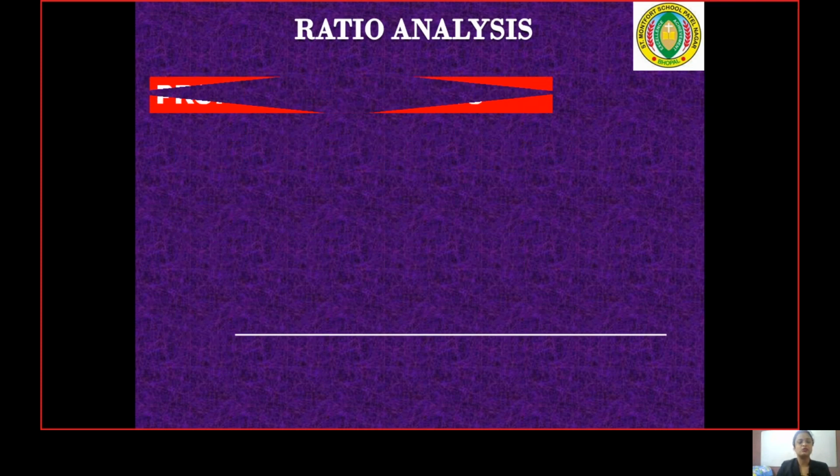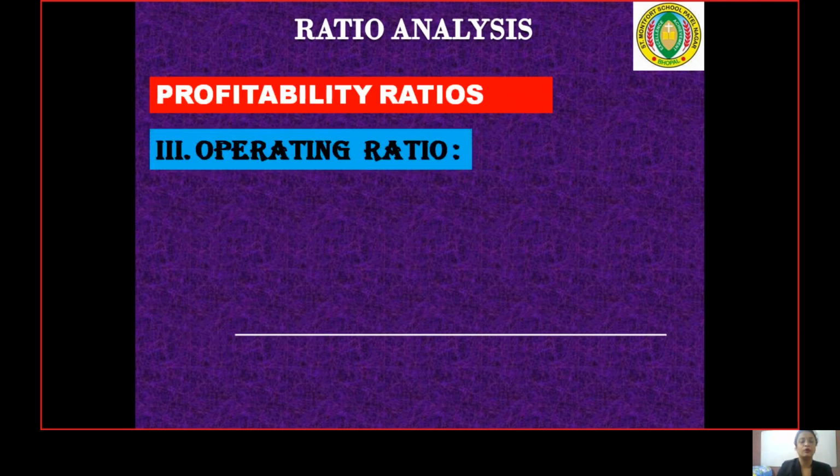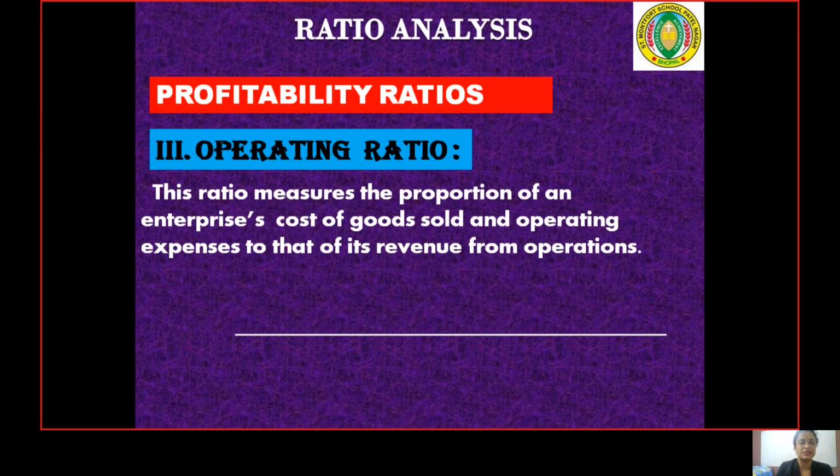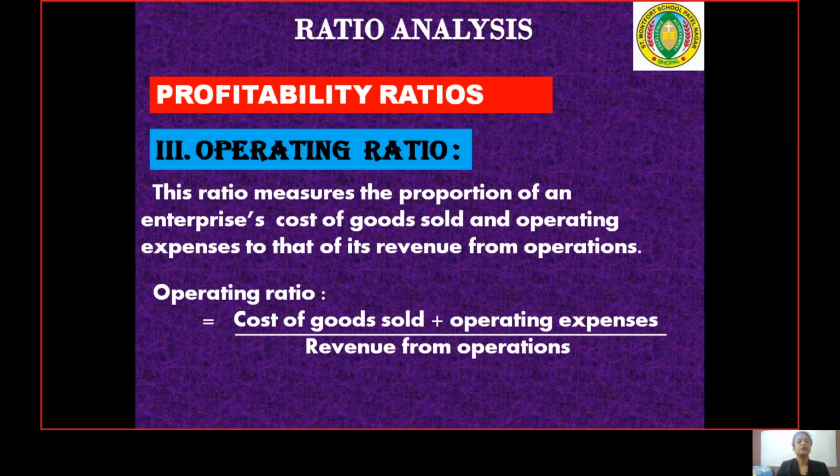Now after that we are going to discuss the third ratio, that is the operating ratio. So children, let's deal with the formula for the operating ratio. This is basically an expenses ratio, because if we are taking an operating profit, simultaneously we will have the expenses as well. This ratio measures the proportion of an enterprise's cost of goods sold and operating expenses to its revenue from operations.